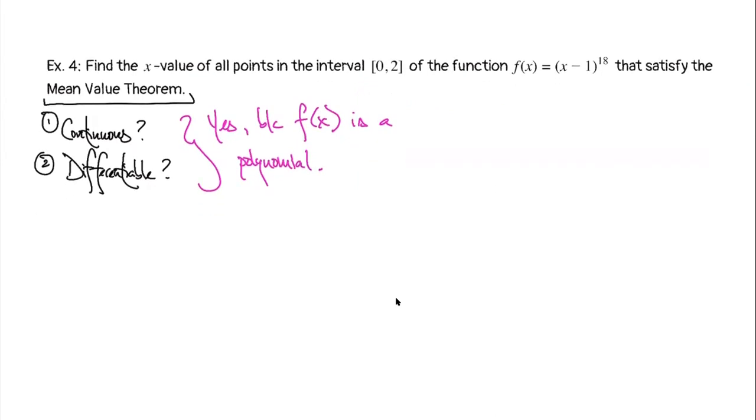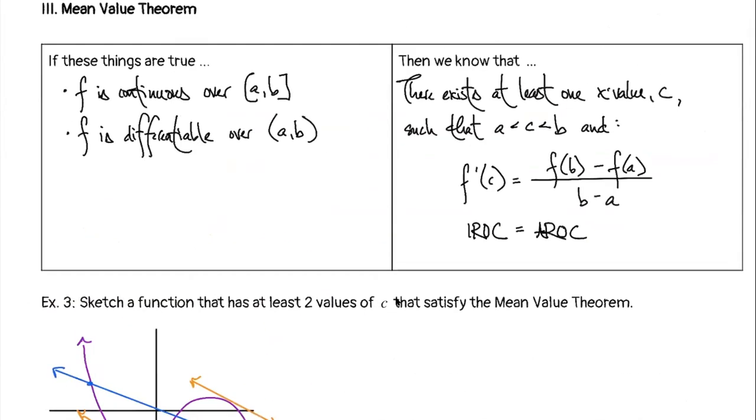So how do we find these c values? Well, it turns out that we're gonna grab this formula that we created from our picture that also happens to be this mean value theorem, and we're going to fill in all of the information specific to our function and the given interval.